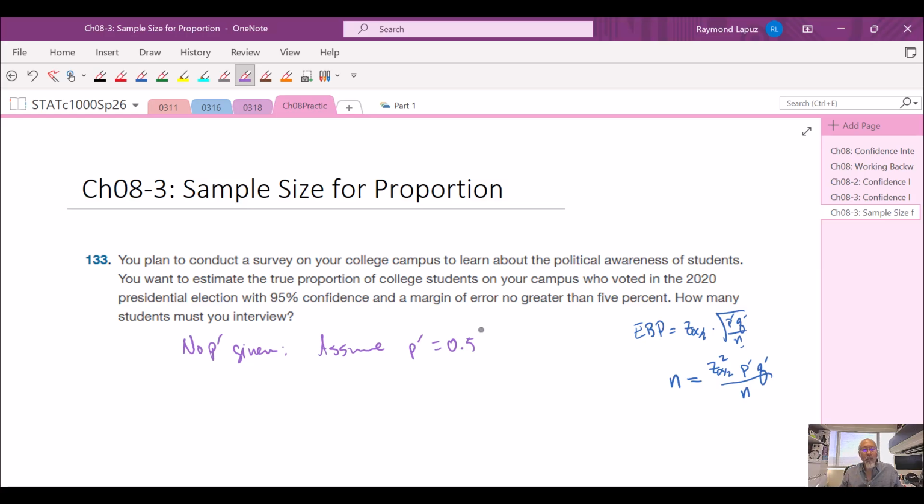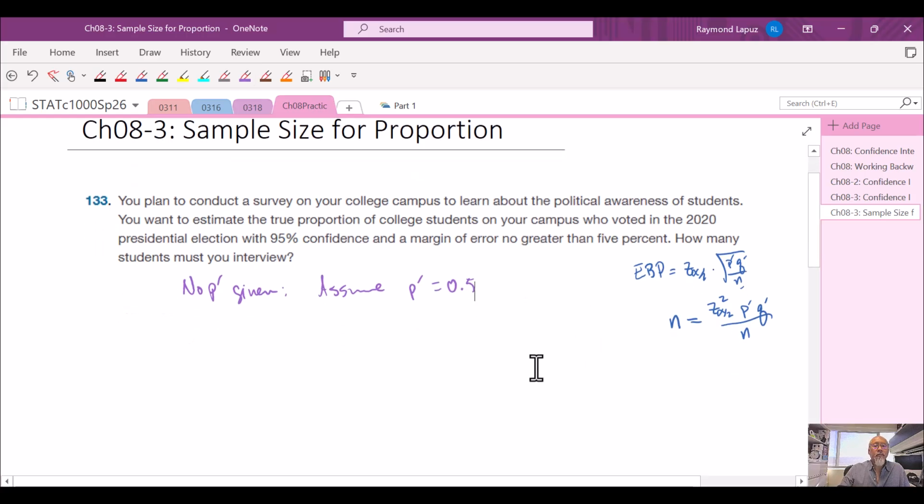If you make your sample size too small, then your sample might not be valid. So we want it to be as large as possible just to be safe, unless we know a given p prime that might have worked in the past. We don't know that, so we're going to assume it's equal to 0.5.